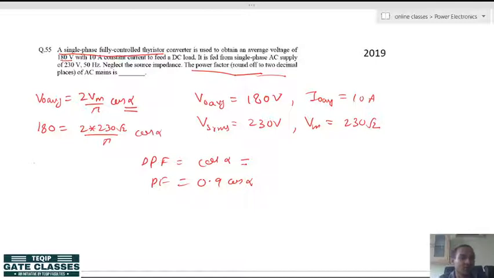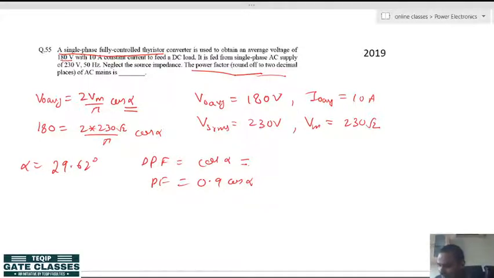If you solve it, alpha is equal to cos inverse of 180 into pi divided by (460 divided by root 2), and the solution is coming 29.62 degrees.